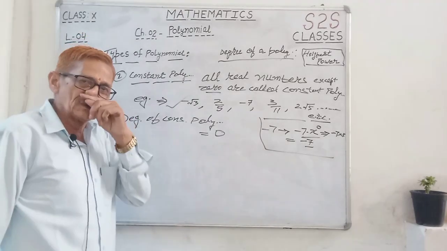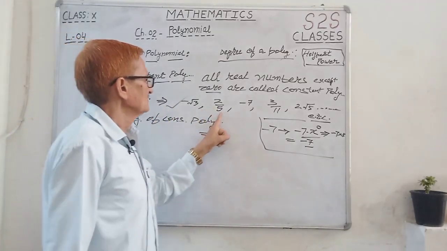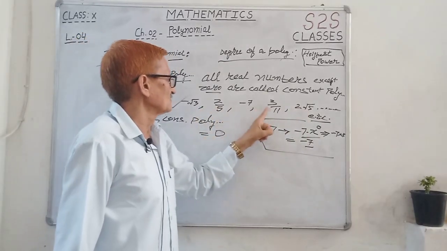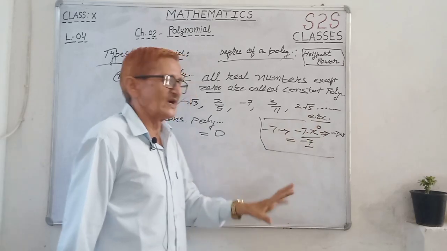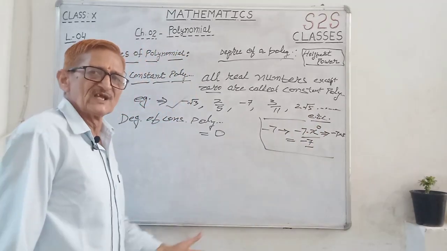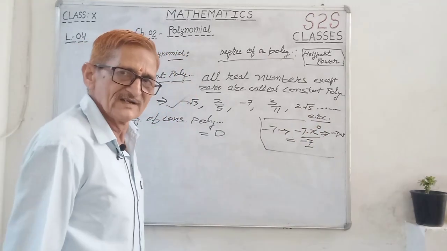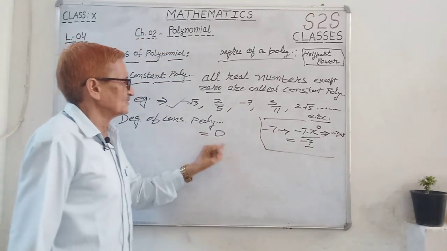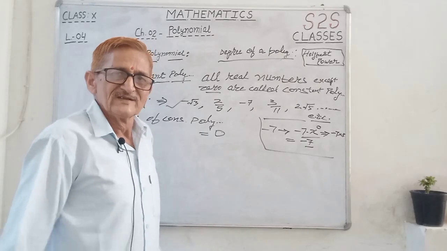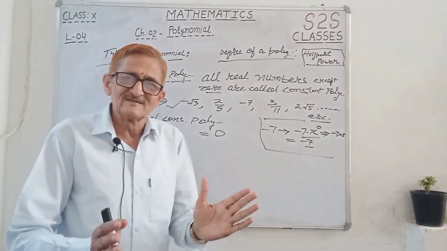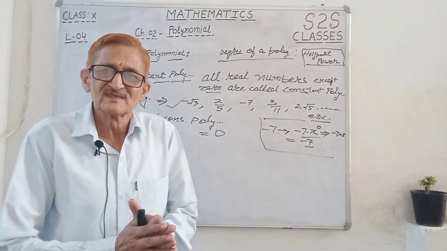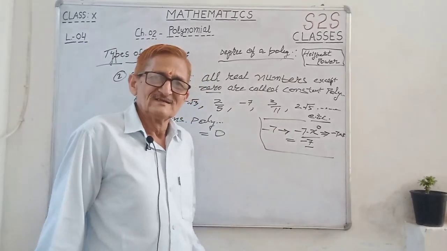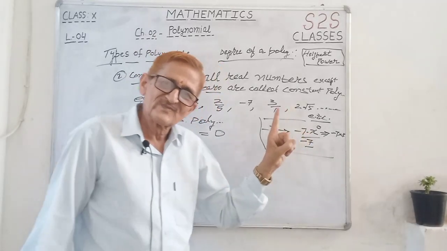Okay, now the degree of the constant polynomial. Examples: minus root 3, minus 7, 3 upon 11, 2 root 5, any constant, any real number, may be rational, may be irrational, any negative, positive, etc. Now, every constant number can be written with x power 0.